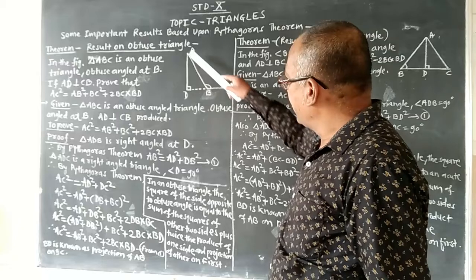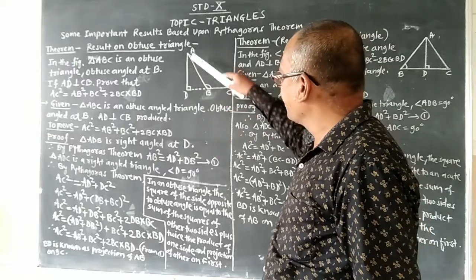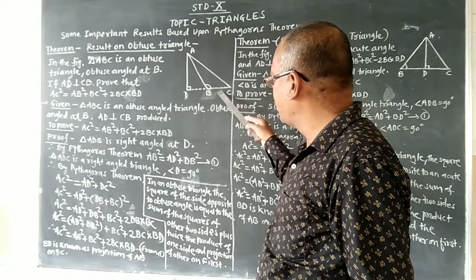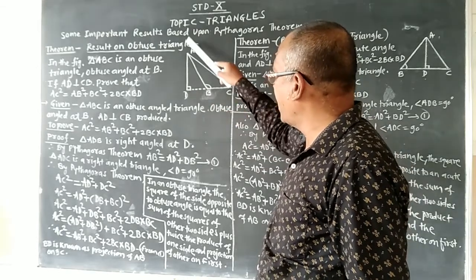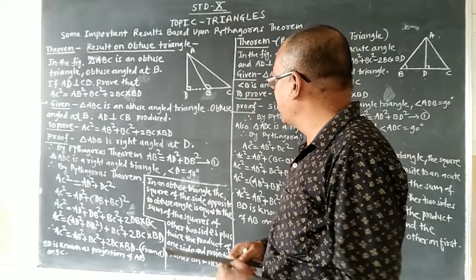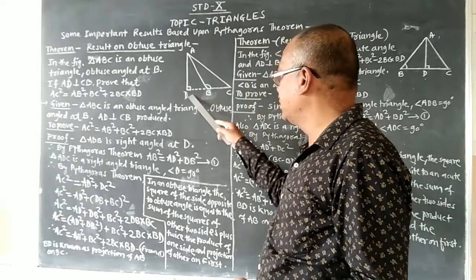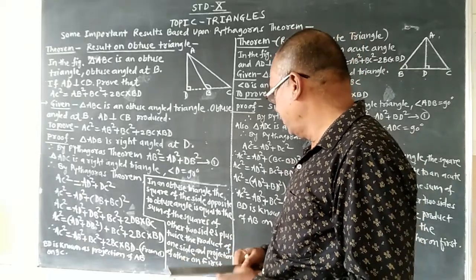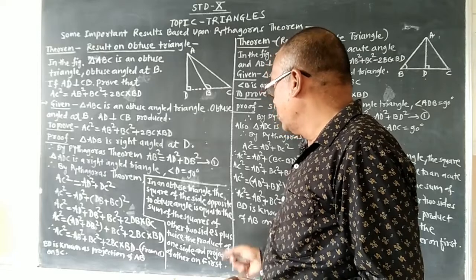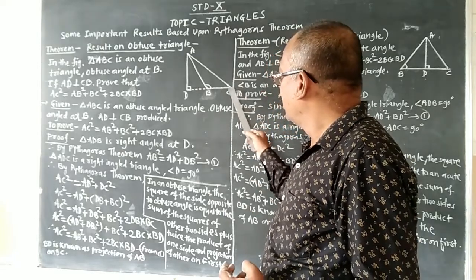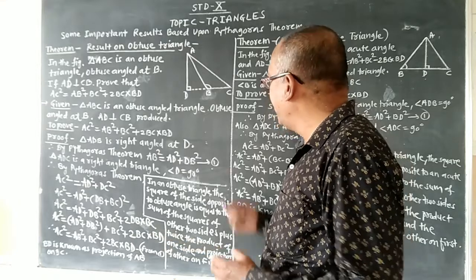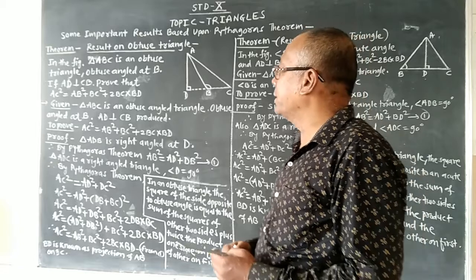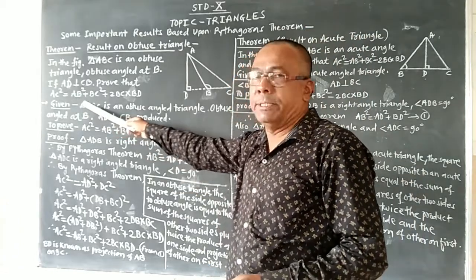Projection: here the perpendicular is drawn AD, and if we produce the side BC to D and draw the perpendicular, then BD is called the projection of AB. This is the projection of AB, and we have to prove here that AC square is equal to AB square.